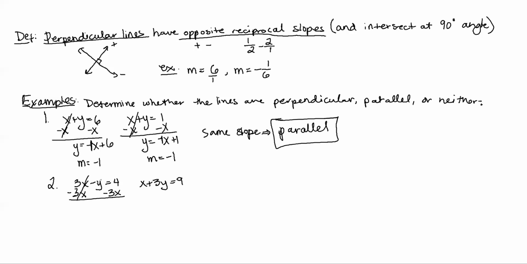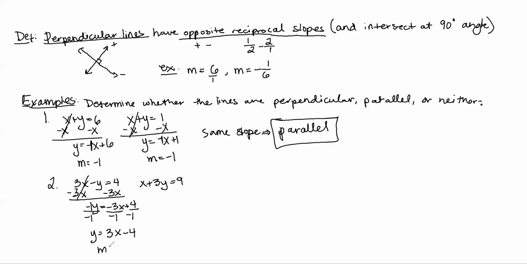We get negative y equals negative 3x plus 4. Now we want to get this y by itself. You can either change all of the signs, or think of this as dividing by negative 1. Divide every single term by negative 1. So we get y equals positive 3x minus 4.